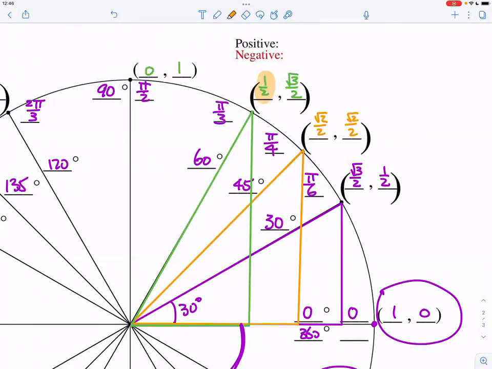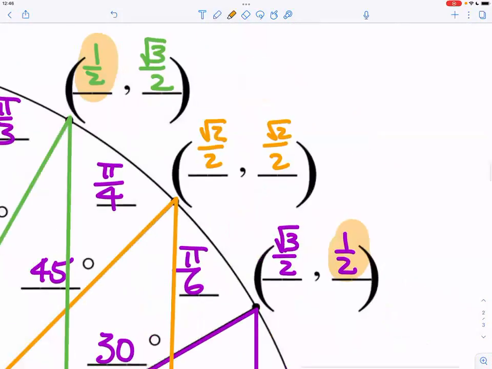You can tell the y value is 1/2. And can you tell all the denominators are 2? And can you see the numerators? They're like 1, 2, and 3. 1, 2, 3, right here. 1, 2, 3, 1, 2, 3. So if you want to just fill out the values, you can actually make use of these patterns.